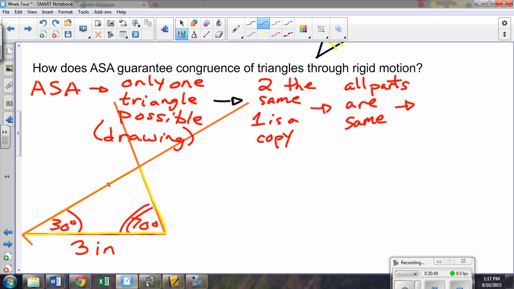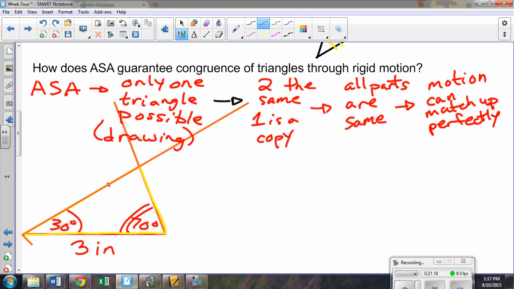It's the second question from your homework. You can use motion to match them up perfectly. The logic and the process here is really, really important for you to know.